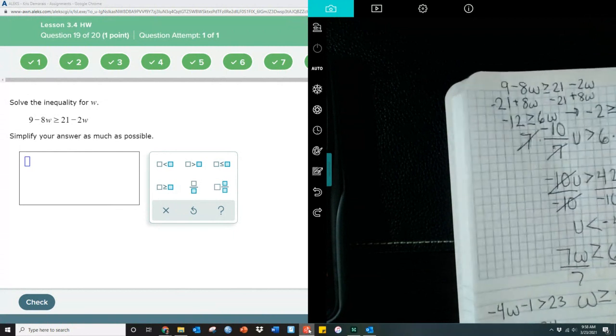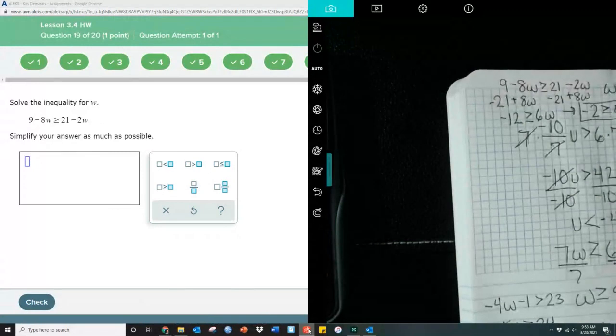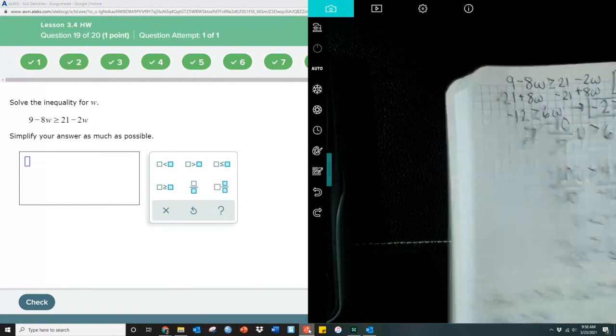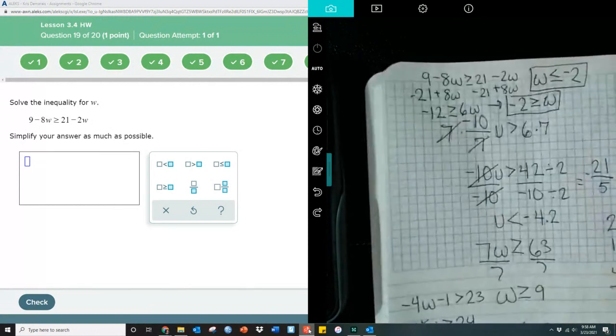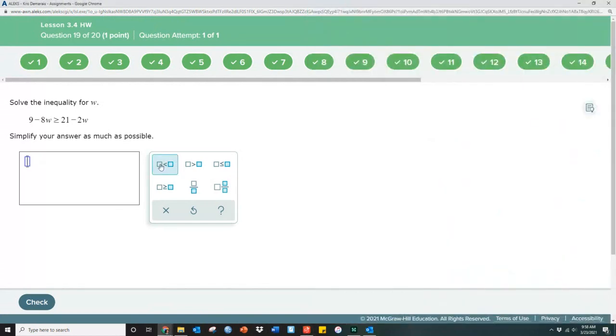I can leave it like that if I desire, or I could put it the way I care to put it, and that is this way. And that's the way I'm going to put it. All right. So I have the answer I prefer. So W is less than or equal to negative 2.